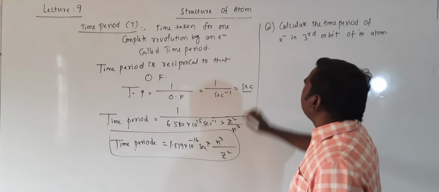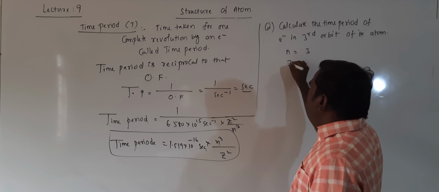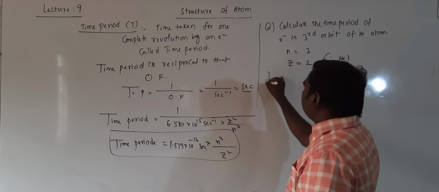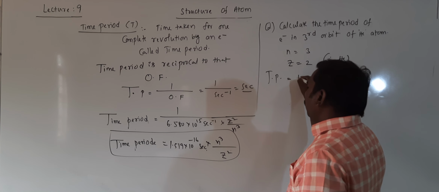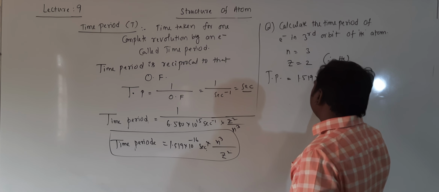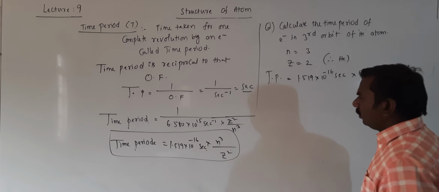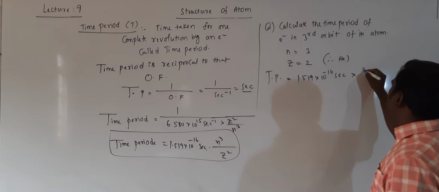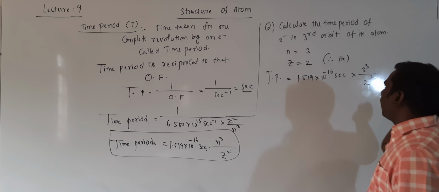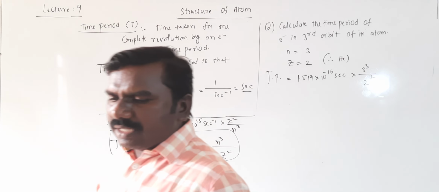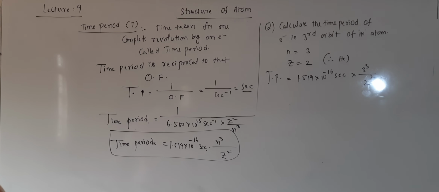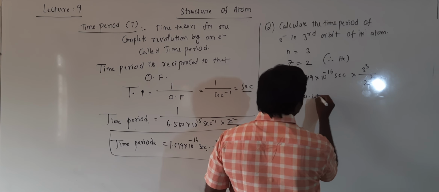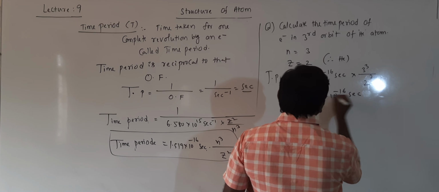This is our formula where n equals 3, the third orbit, and Z equals 2 because it is helium atom. Substitute: time period equals 1.519 into 10 to the power of minus 16 seconds into n cube by Z square, that is 3 cube by 2 square. So it is 10.25 into 10 to the power of minus 16 seconds.